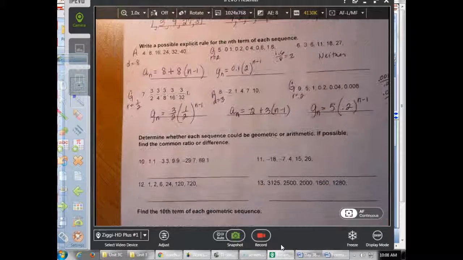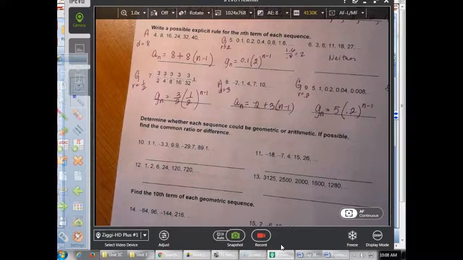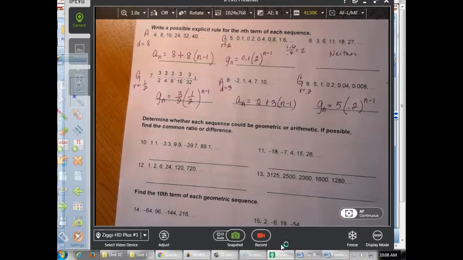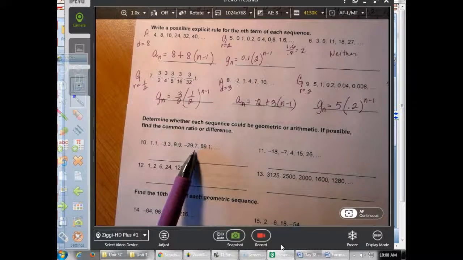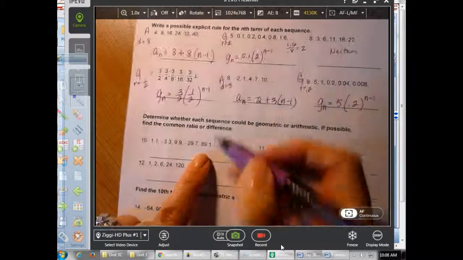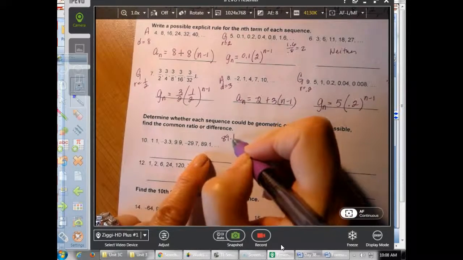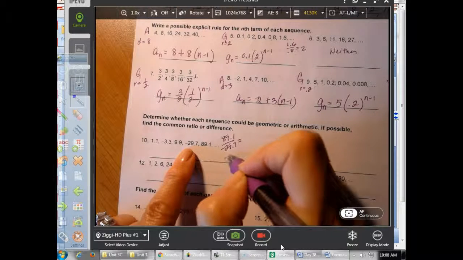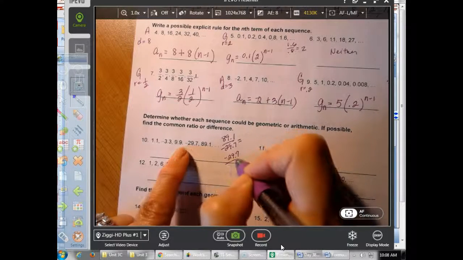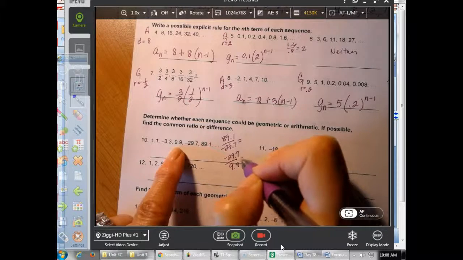Okay, the next section. Determine whether each sequence could be geometric or arithmetic. If possible, find the common ratio or difference. So the first one I look at, it looks like there's definitely a pattern. So let's just do the division. 89.1 divided by -29.7 and see what I get. -29.7 divided by 9.9 and see what I get.